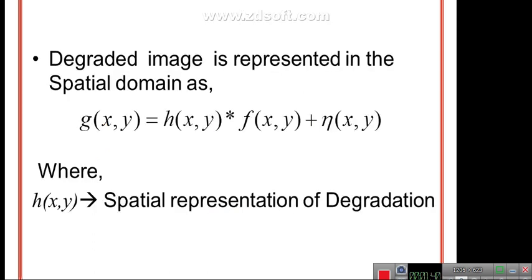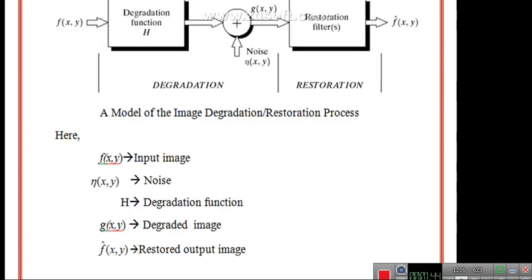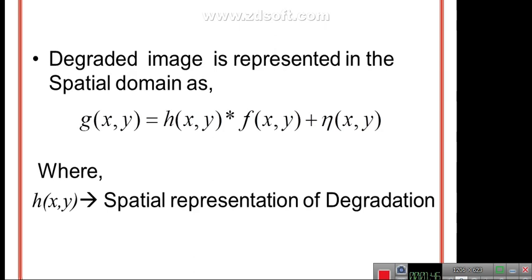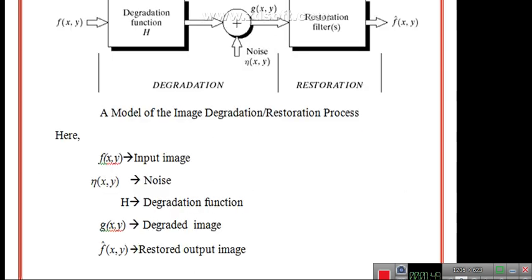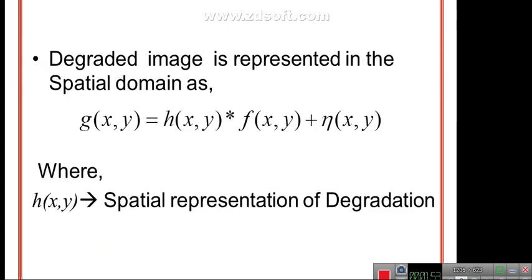The degraded image is represented in the spatial domain as the degradation function h(x,y) multiplied by f(x,y), the original image, plus e(x,y), the external noise.